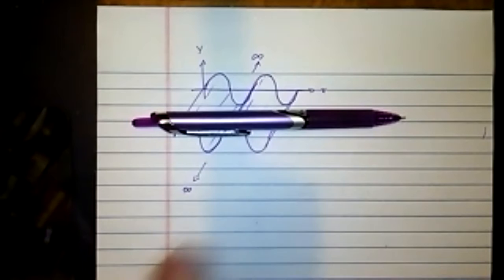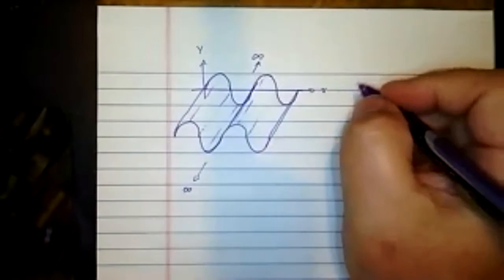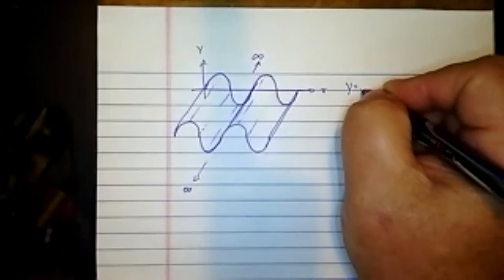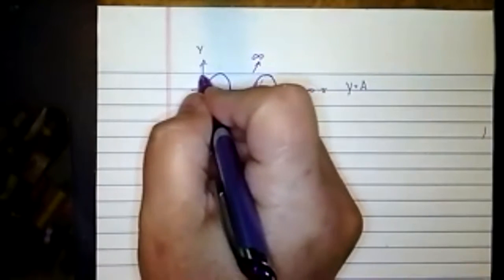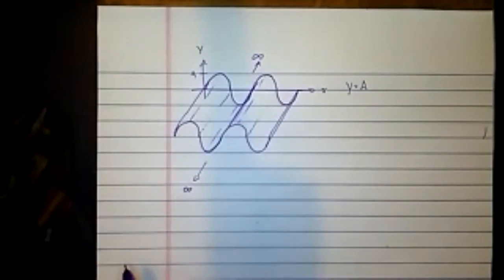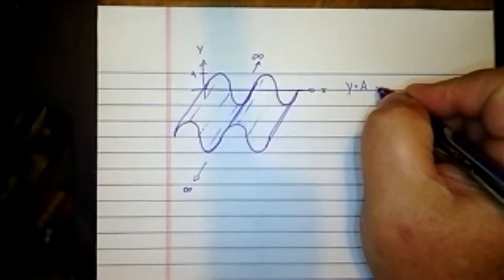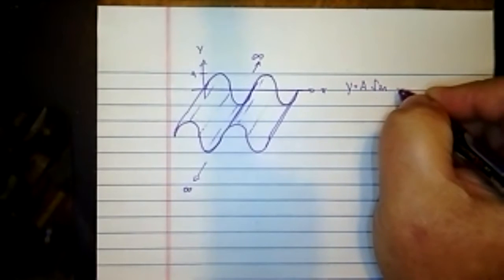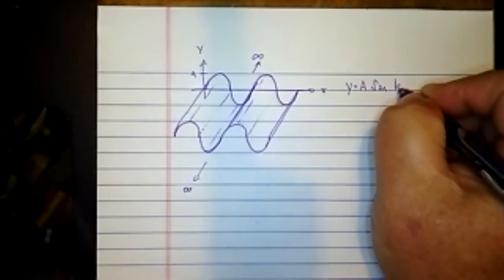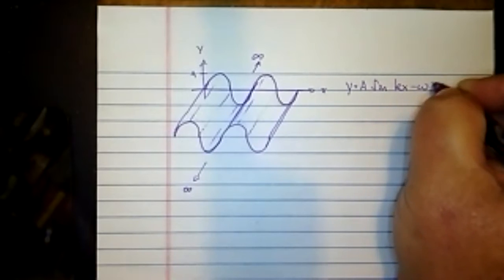And what you could do is say, well, y is equal to some amplitude A times, in this case, I'm going to write sine because that looks just like sine, of kx minus omega t.